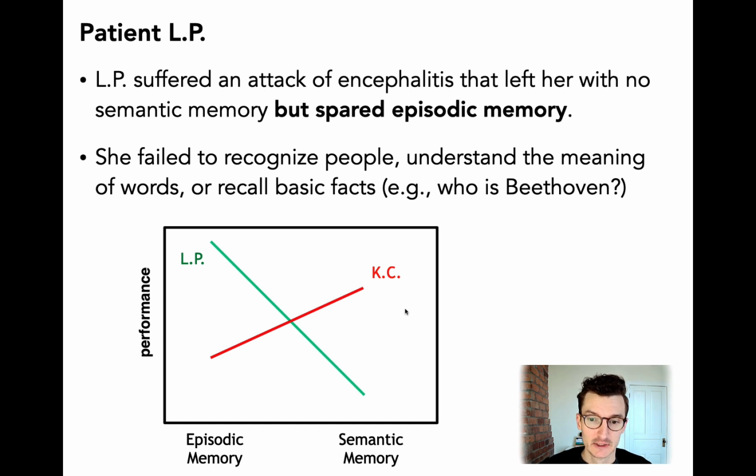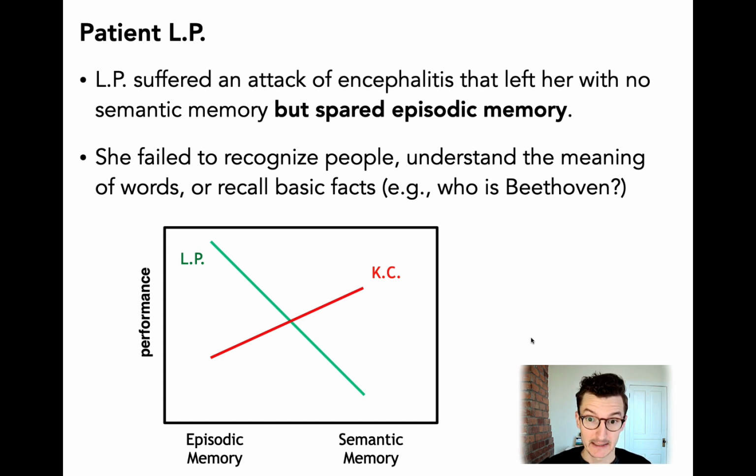Our classic X pattern here that we've seen so many times in this course: KC has spared semantic memory, impaired episodic memory. LP has spared episodic memory, impaired semantic memory. So a really nice double dissociation.